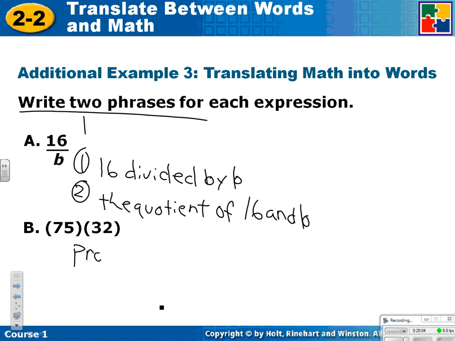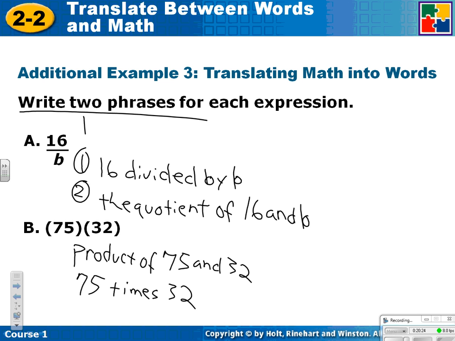Product of 75 and 32. And what else could we say? 75 times 32. That's the easiest one. 75 times 32. But you need the words. You need that part of it. Okay?